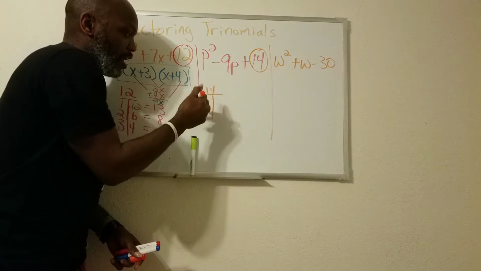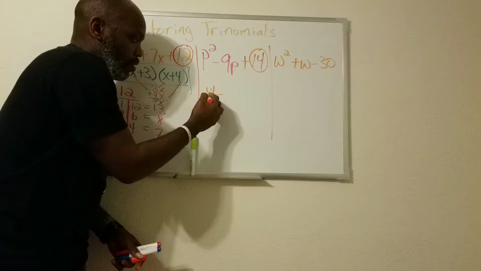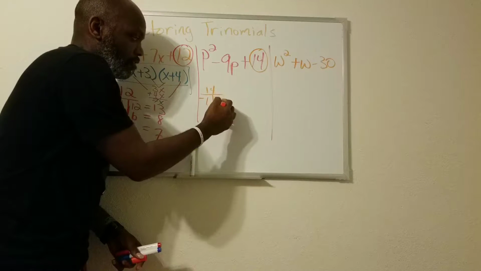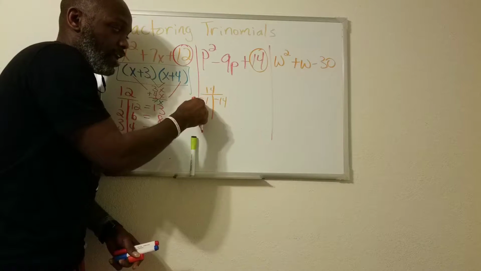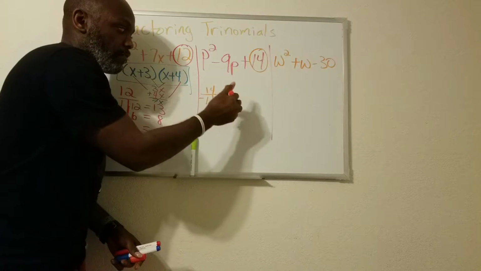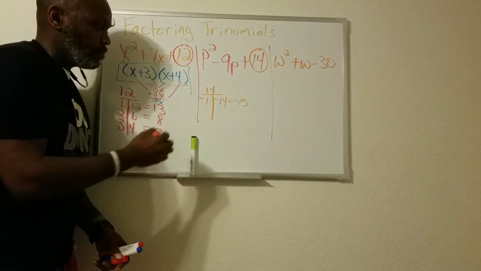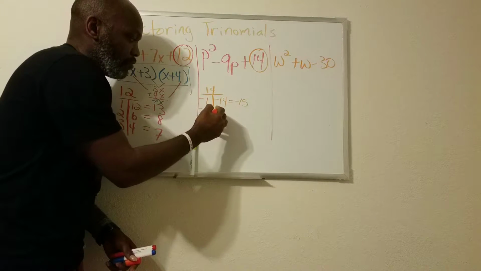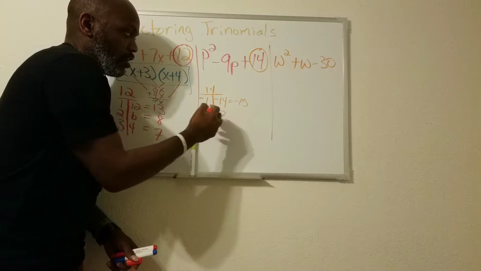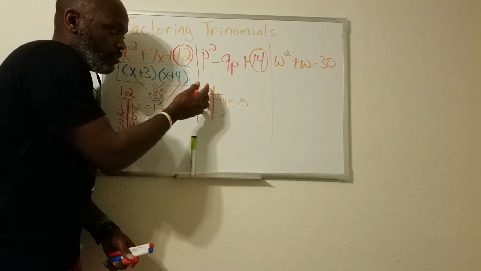So what we're going to look at is, what about negative 1 times negative 14? Now, a negative times a negative will give me a positive, and if I added those together, it would give me negative 15. What about negative 2, negative 7, right? That gives me positive 14.